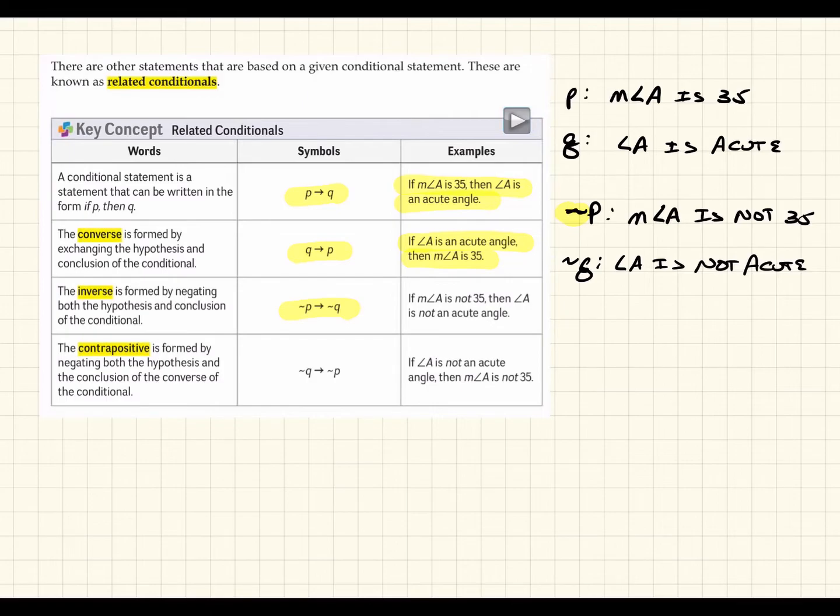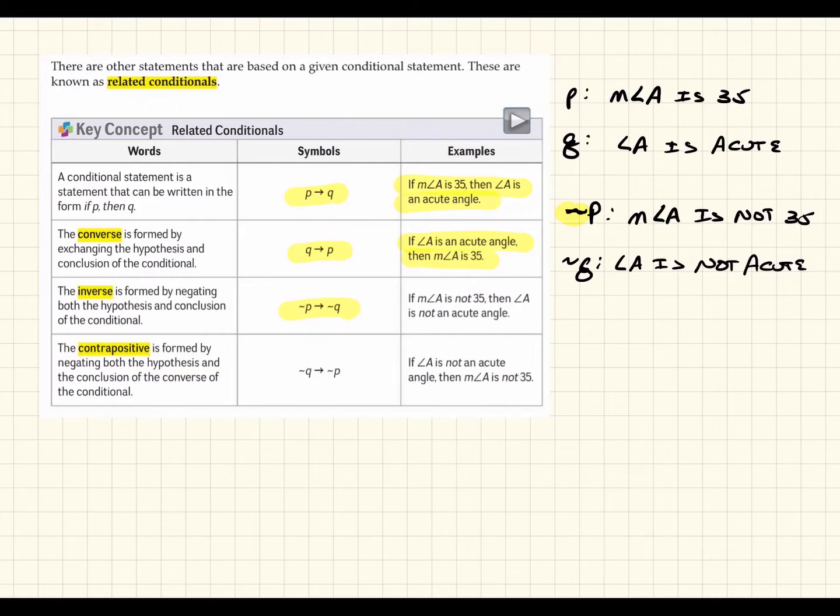Again, we have to evaluate this on its own merits. Just because an angle is not 35 doesn't necessarily mean that an angle is not acute. So we have to be careful with the inverses. And then finally, a contrapositive. A contrapositive is negating both the hypothesis and the conclusion of the converse of a conditional.